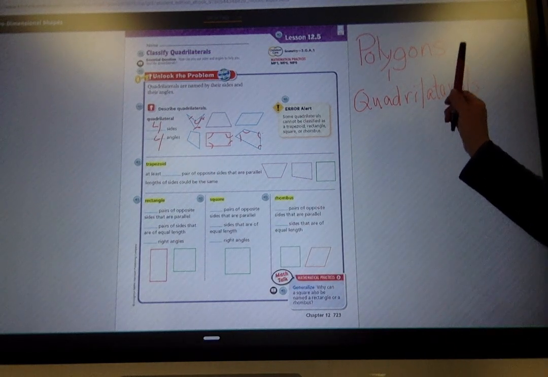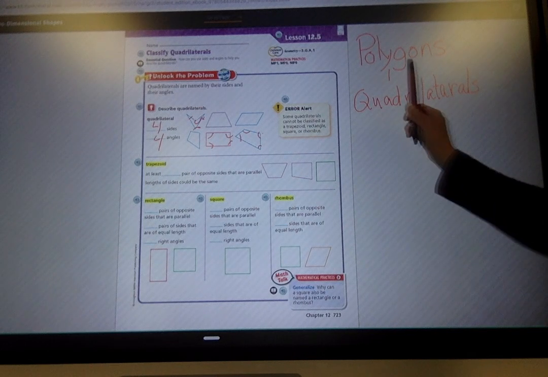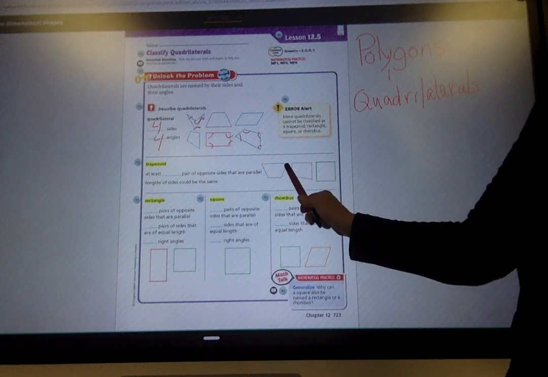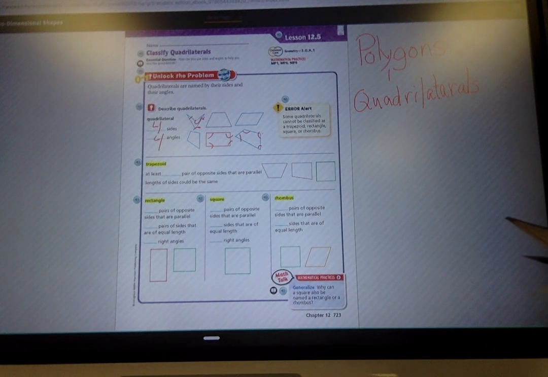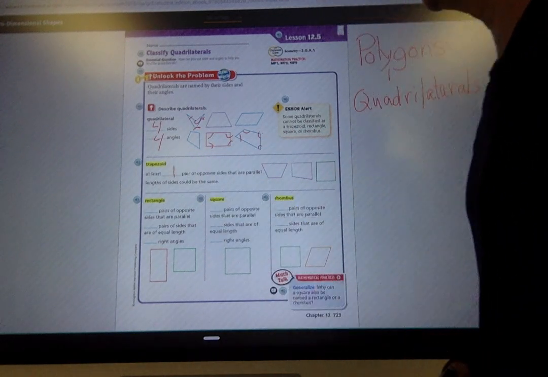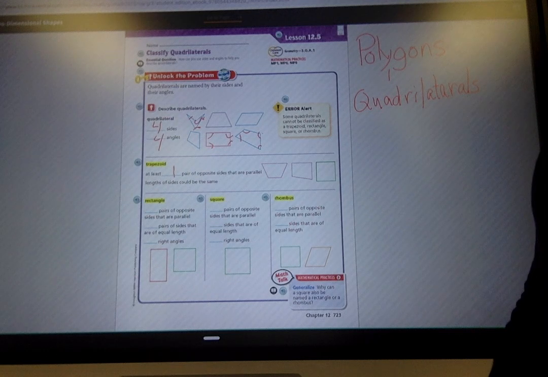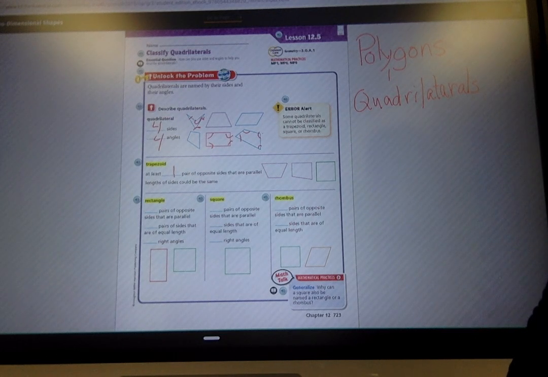A trapezoid is a polygon, and it is a quadrilateral. It has four sides, and it has at least one pair of opposite sides that are parallel. The length of the sides could be the same, but they don't have to be.